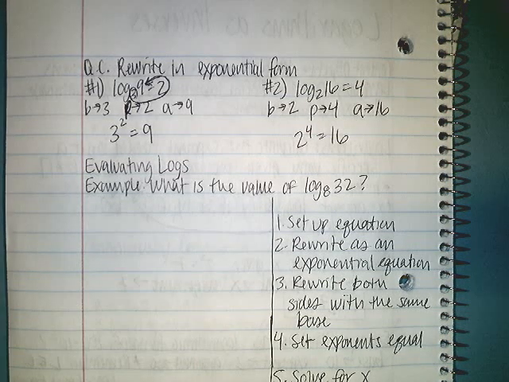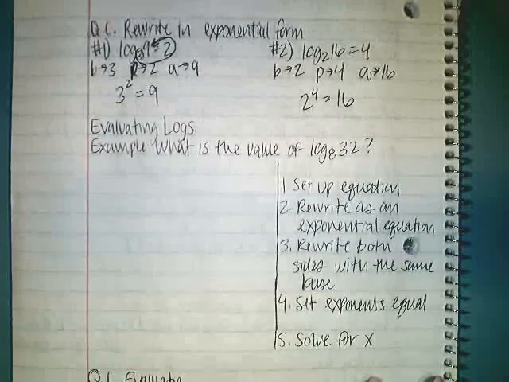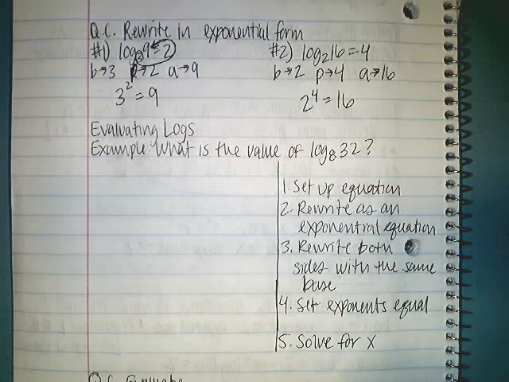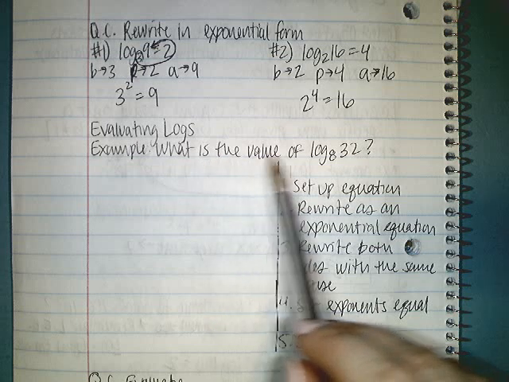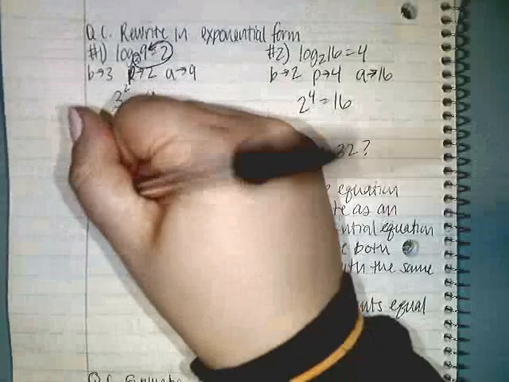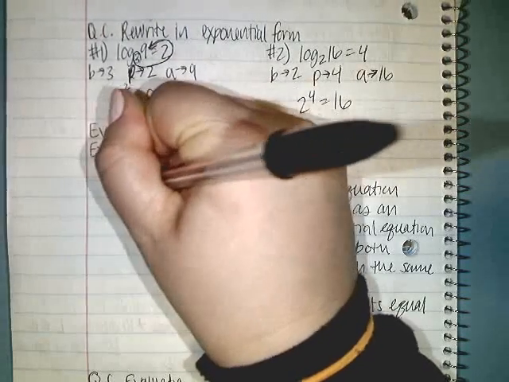All right, so we're not just rewriting between exponential and logarithmic form. I also want us to practice evaluating logs. And so this is going to require that we convert between the two forms, which is why we did that first. So in this first example, we're going to find the value of log base 8 of 32. The way I'm going to have us approach that is to start by writing it as an equation instead of just an expression.